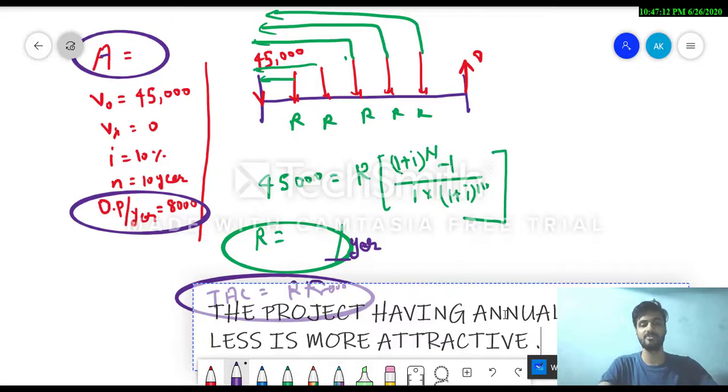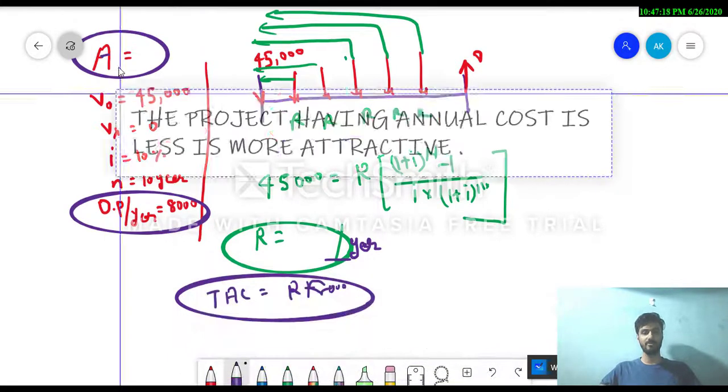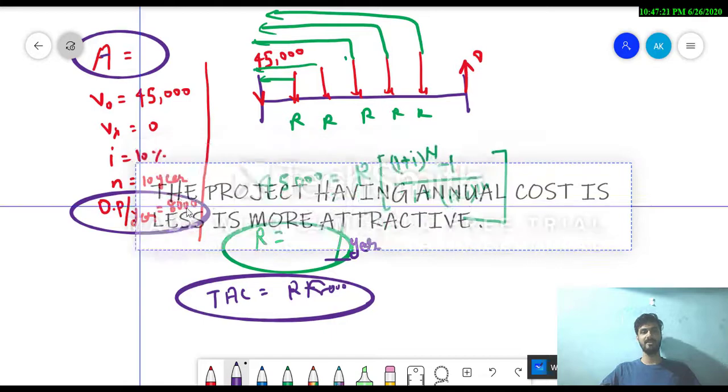Okay, so which project will we select? The project having less annual cost will be more appropriate or more fruitful as compared to the project having more annualized cost.